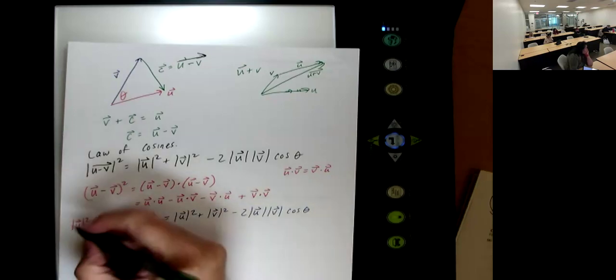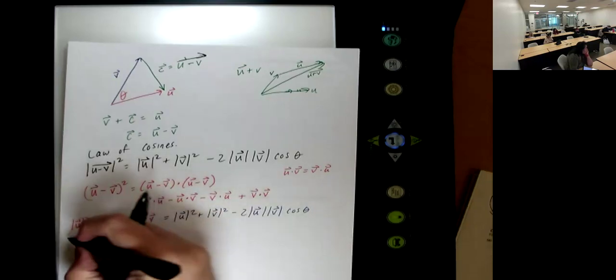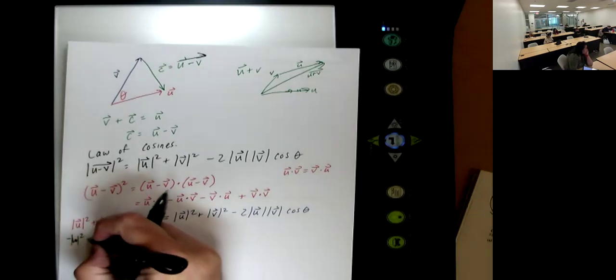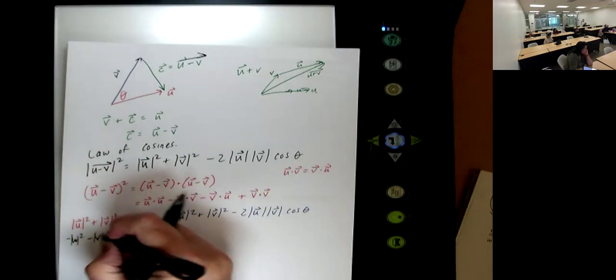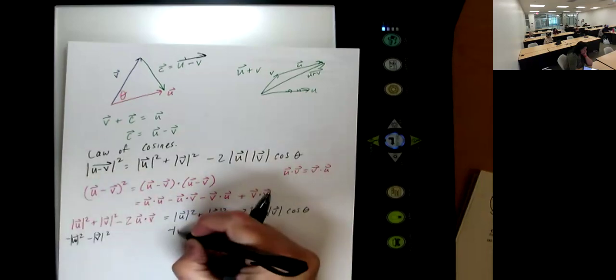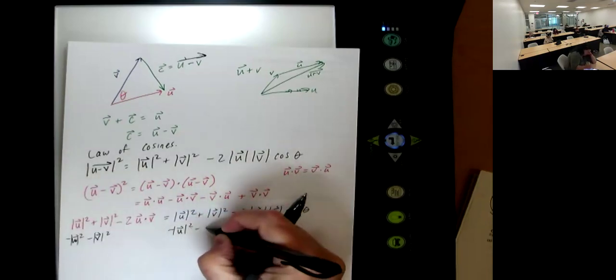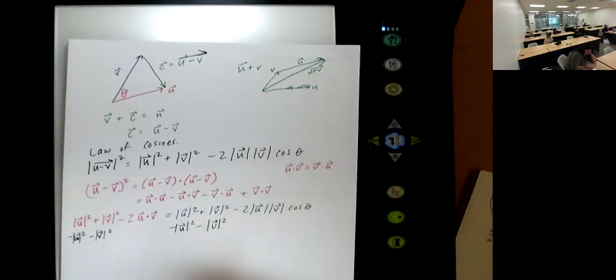Looks like we can subtract U squared and V squared from both sides, and cancel on both sides.